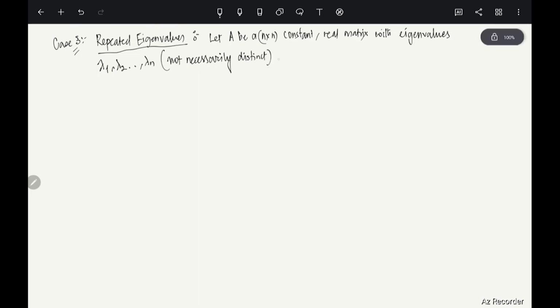And let there be n distinct eigenvalues. What am I saying?